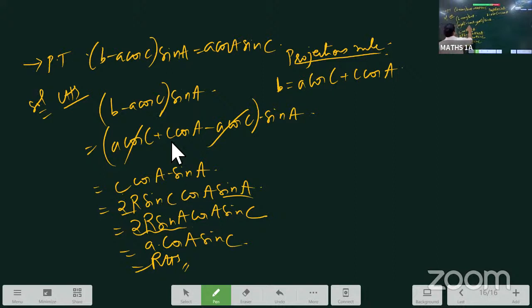Here c means 2r sin c, so 2r sin c cos a sin a. Now, according to the need, I don't want sin a, I want sin c. So that's why for 2r sin c, you write 2r sin a, cos a sin c. Sin c I want, sin a I don't want. Now 2r sin a, you write it as small a. Is it clear? Right.